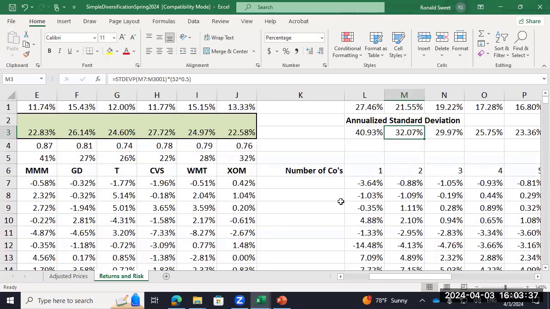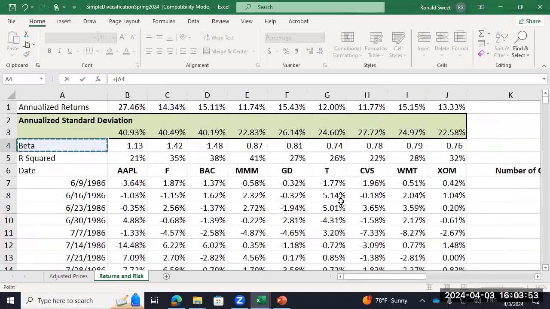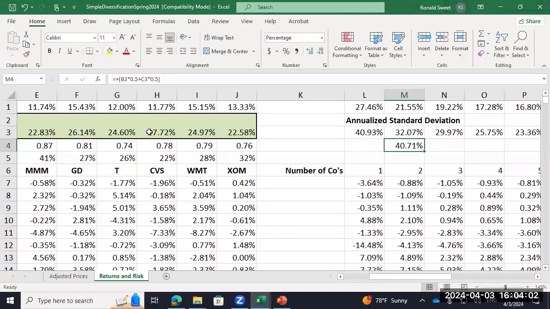If you put 50% of your money in Apple and 50% in Ford, your return would have dropped down to 21.55, which is pretty obvious because Ford has a lower return. But what happened to your risk? Your risk was not half the risk of Apple plus half the risk of Ford, which would have been 40%. Instead, your risk was only 32%, much, much lower.